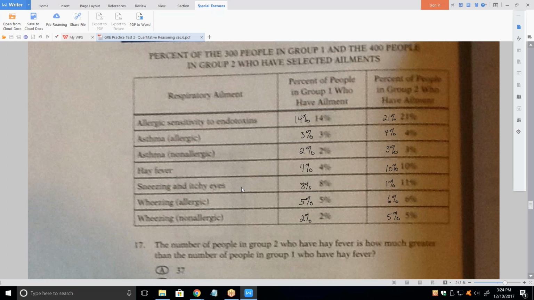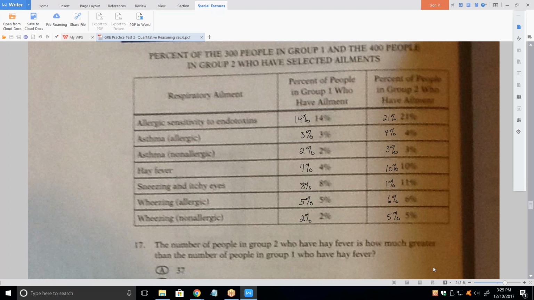All right, percentage of 300 people in group 1 and 400 people in group 2 who have selected ailments. Let's look at that whole table before we... And let's look at problem 17. The number of people in group 2 who have hay fever is how much greater than the number of people in group 1 who have hay fever?